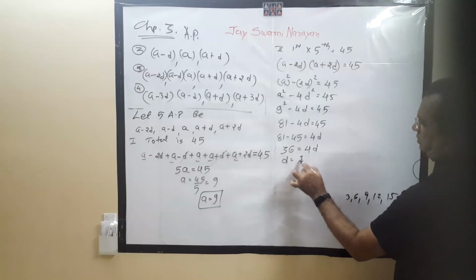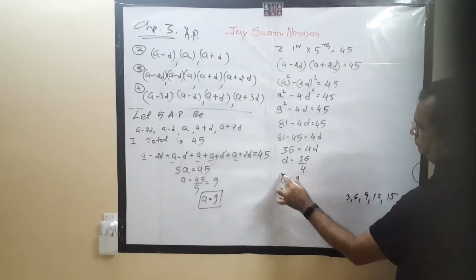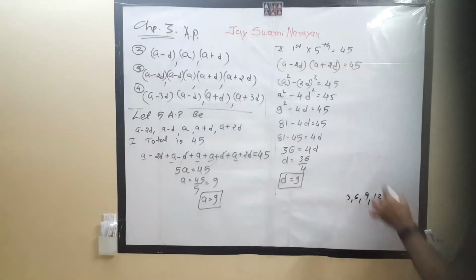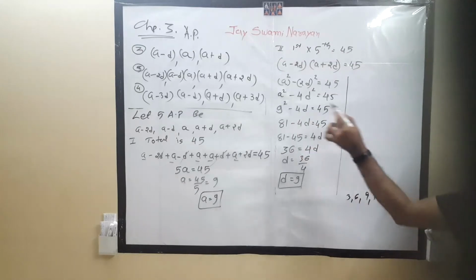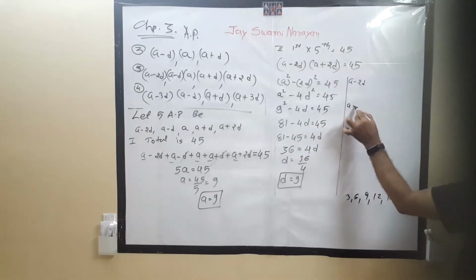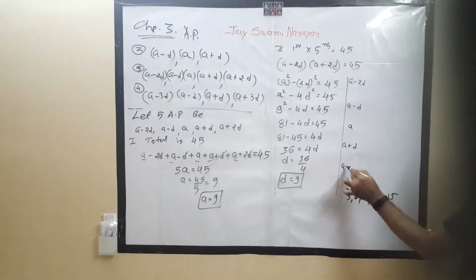So d square is equal to 36 divided by 4. Correct? Now all 5 numbers: a minus 2d, a minus d, a, a plus d, a plus 2d.